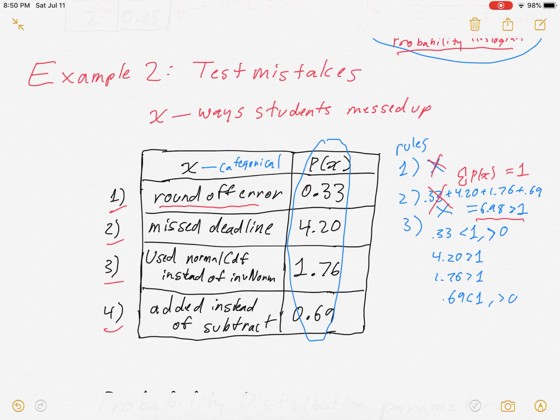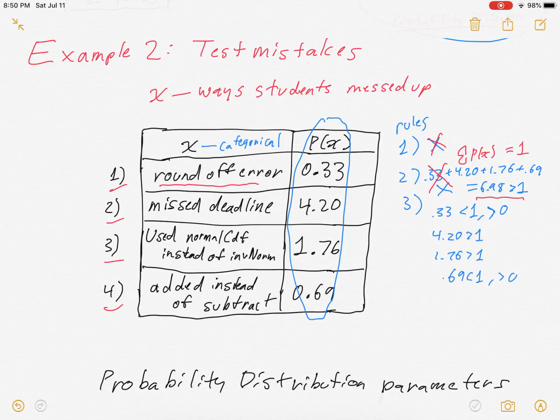The third requirement, the probability of each x value is between 0 and 1, or it can be equal to 0 and 1. In this case, we have two values that are greater than 1, the 4.20 and the 1.76. The 0.33 is okay, and the 0.69 is okay. But still, these two values are greater than 1, so the third requirement does not fit.